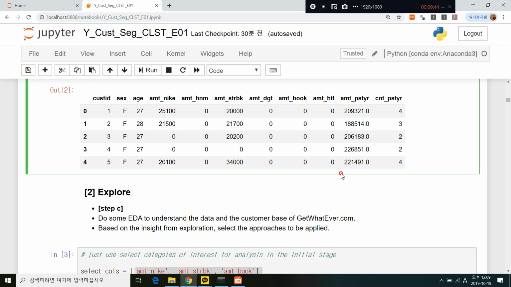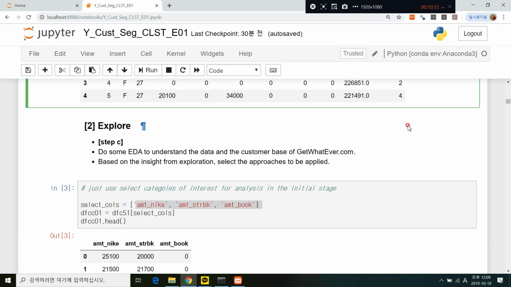Amount H&M purchase amount, Starbucks amount, digital device amount, book amount, amount spent for hotel, amount in total past year, and count of how many times the customer spent money in the website shopping mall.